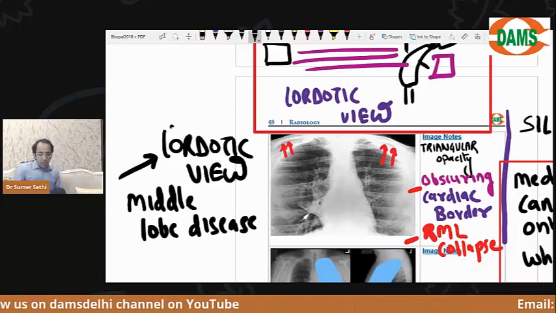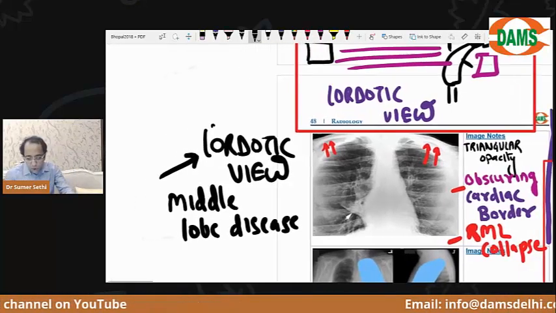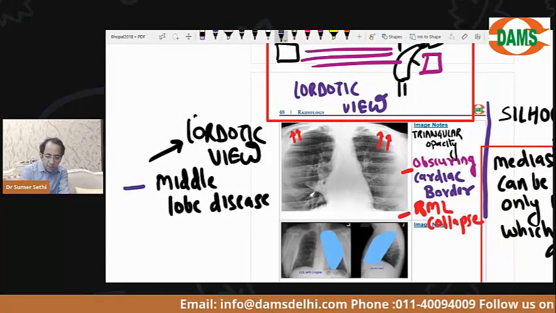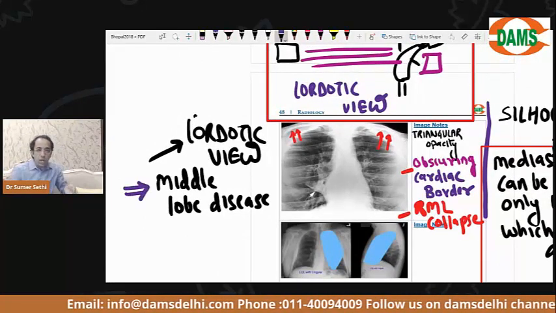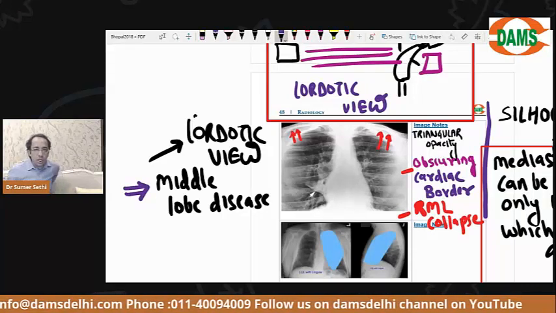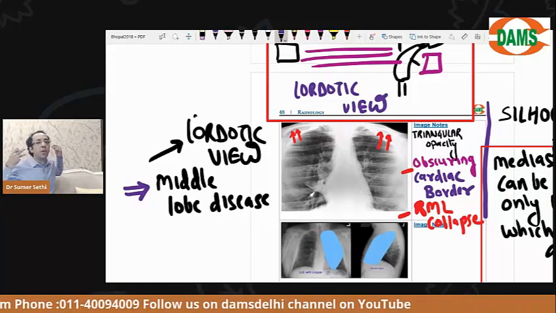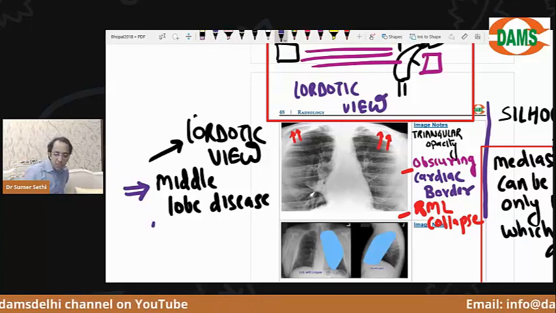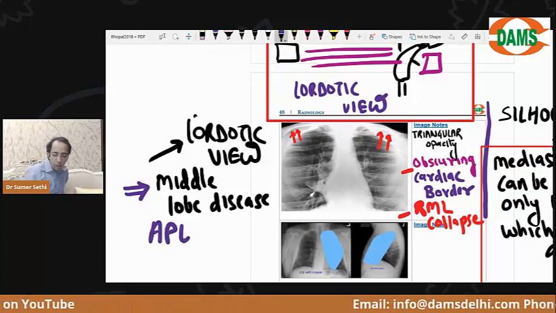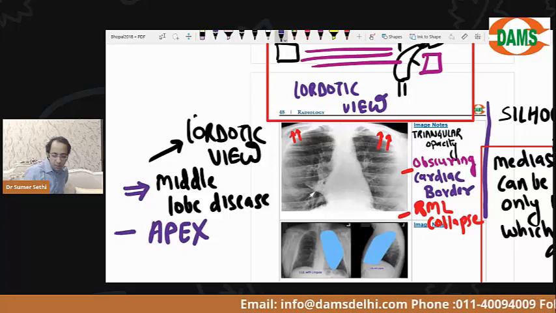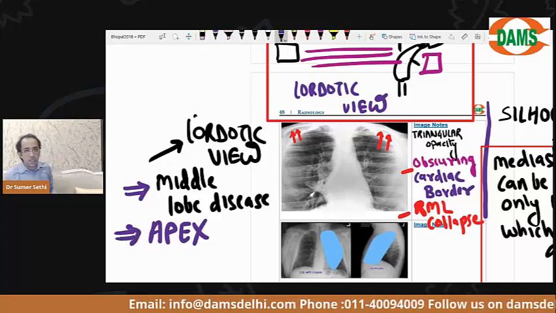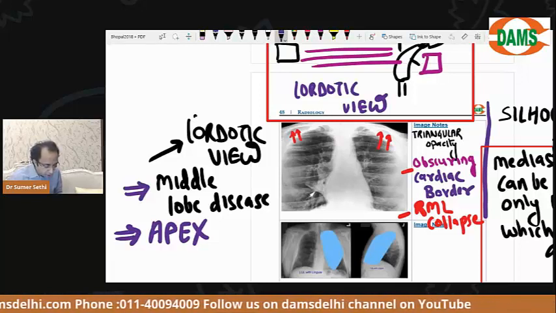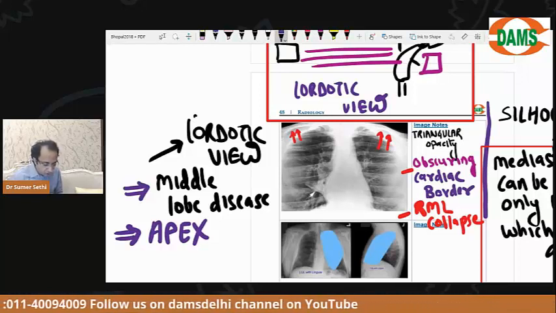And the second thing you can directly understand is, when I'm making the patient lordotic, the clavicles are going upwards. So the apex is also exposed. So the second thing that you can see better in a lordotic view is the apex. Especially you might get such an X-ray done for tubercular patients. Are you clear?